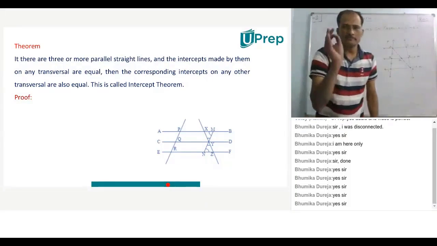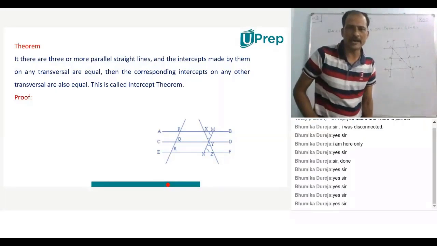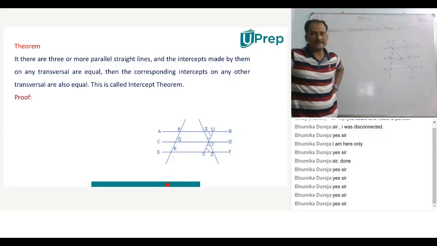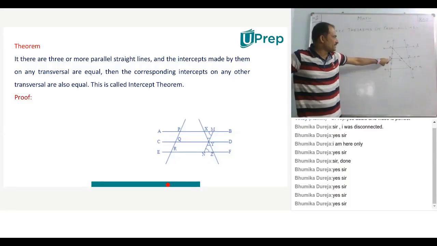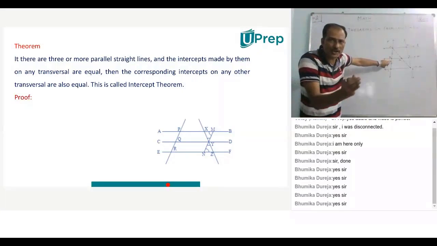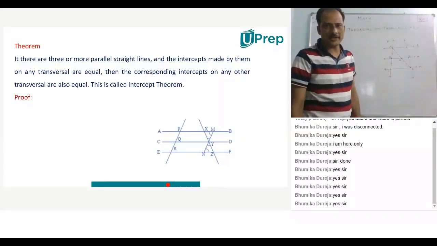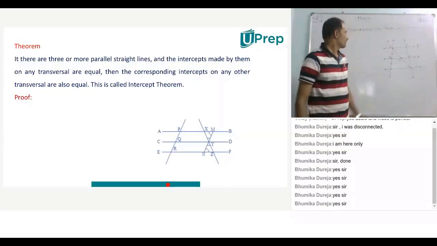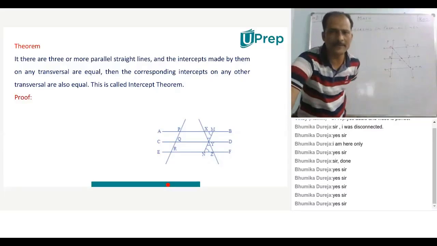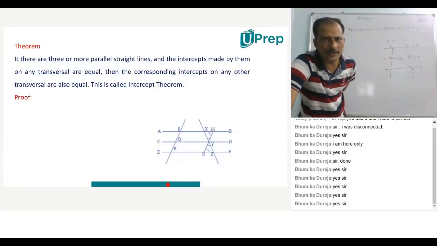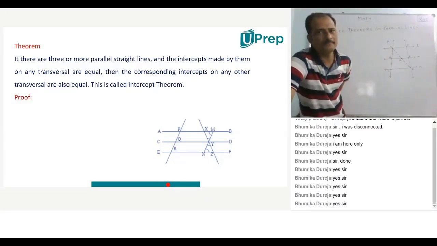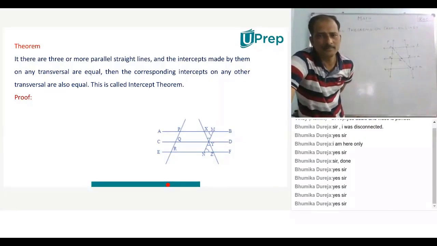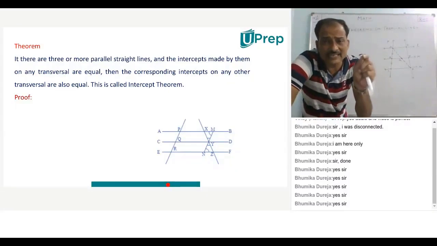Next line, write down. We know that in a triangle, a line segment drawn from the midpoint of one side parallel to the other side will bisect the third side.